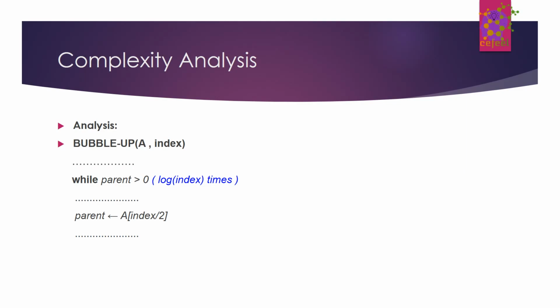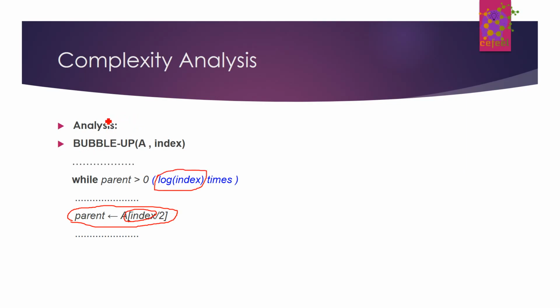Essentially, after we have added the new element to the end of the array, we go up one level in the tree and see if we need to bubble up the new element, and we do that till the element is positioned in its place in the array. In the worst case, if the length of the tree is n, this process runs through log n time.